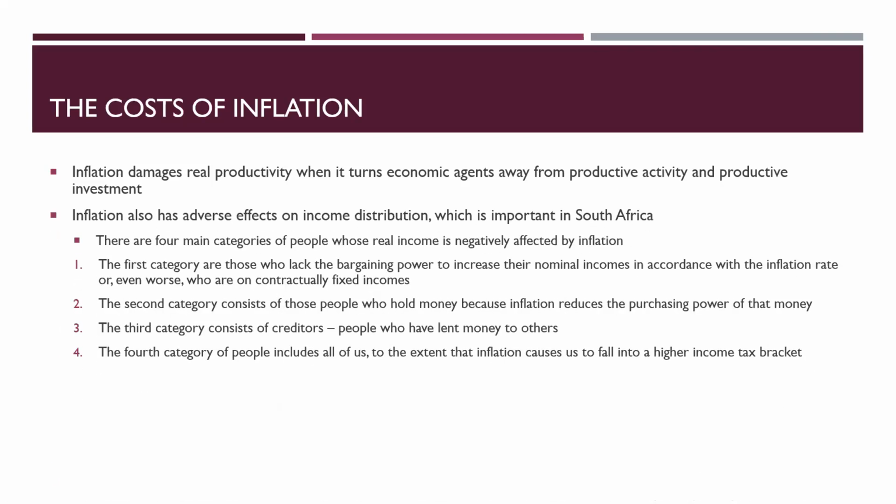Inflation also has adverse effects on income distribution, which is important in South Africa. There are four main categories of people whose real income is negatively affected by inflation. Group number one are those who lack the bargaining power to increase their nominal incomes in accordance with the inflation rate, or even worse, who are on contractually fixed income.